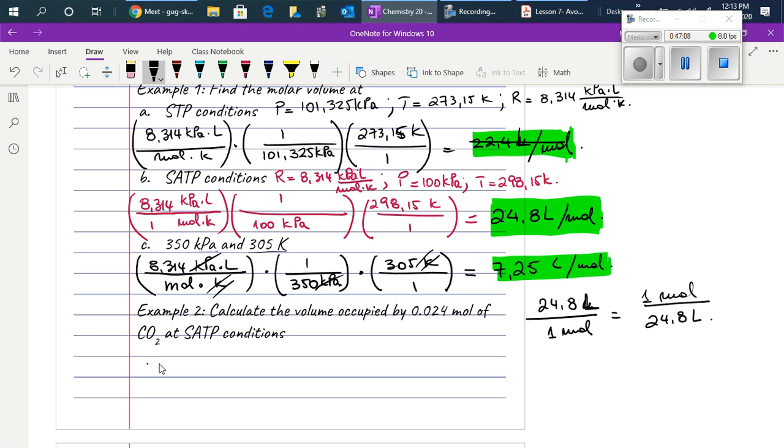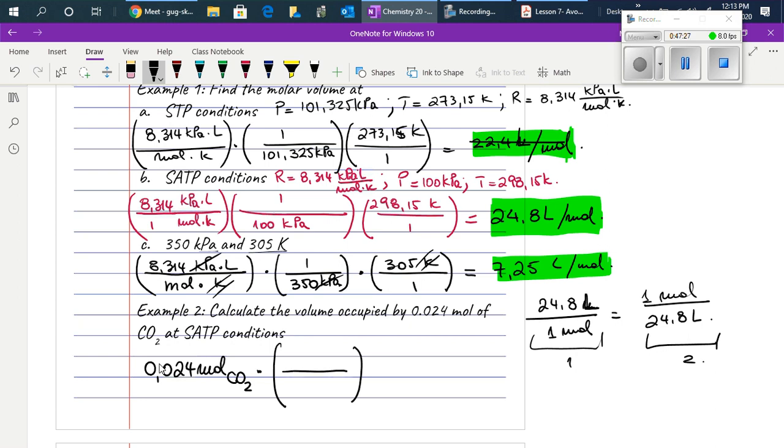We start with what is given, 0.024 moles of carbon dioxide, times which ratio are we using, ratio 1 or ratio 2? We have to think which ratio we use so that we can cancel the units.